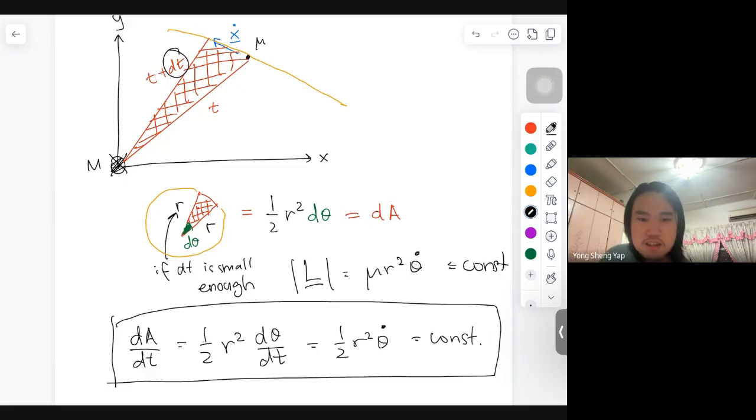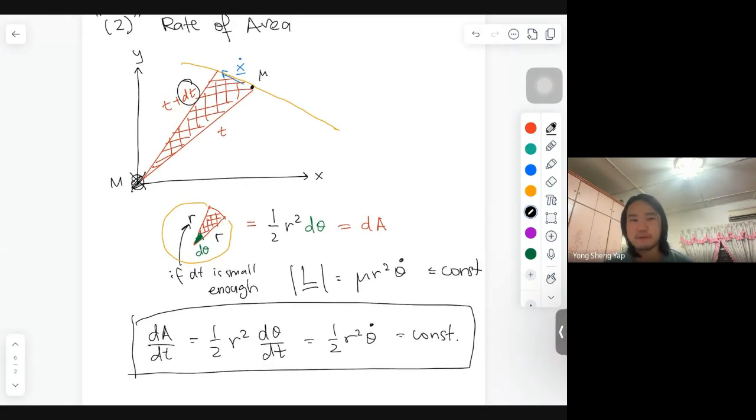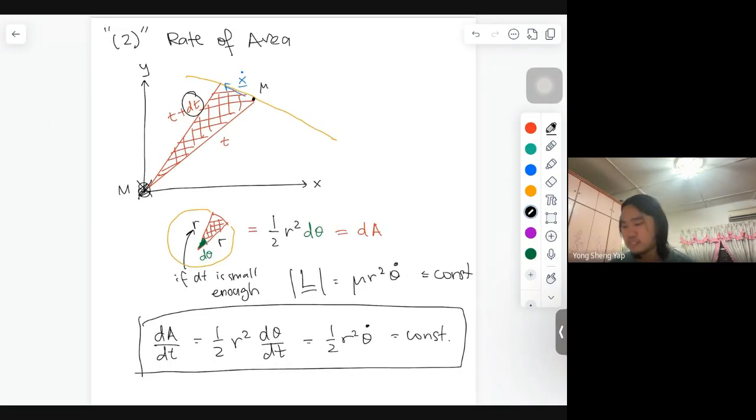Is that okay? This is a peculiar thing about central forces, or sorry, two-body interactions. Just because the two bodies have a mutual force, they can always be thought of in terms of a center of mass that's not accelerating and a reduced mass that's just moving around.